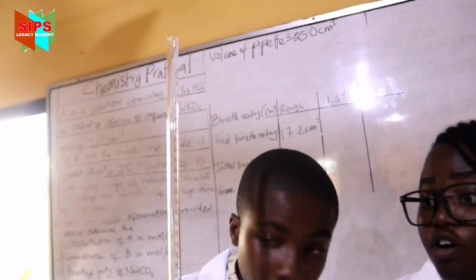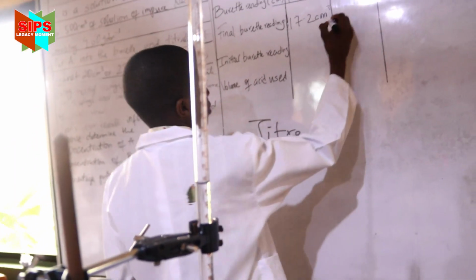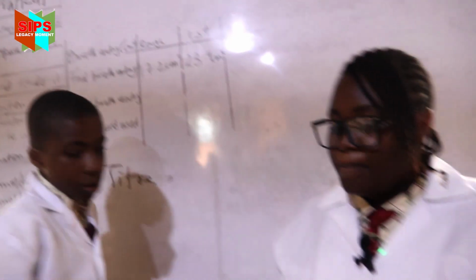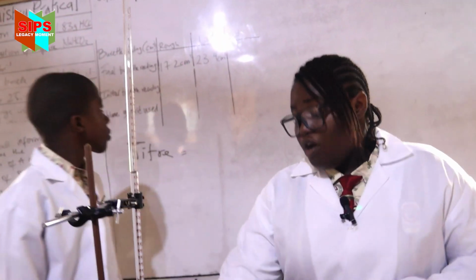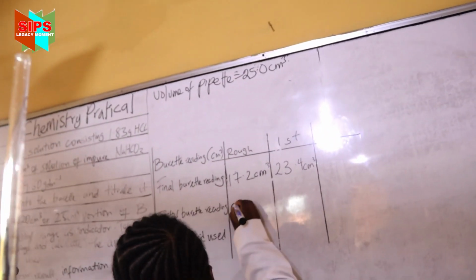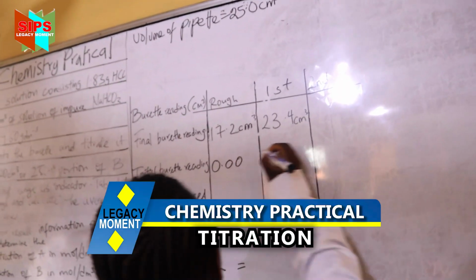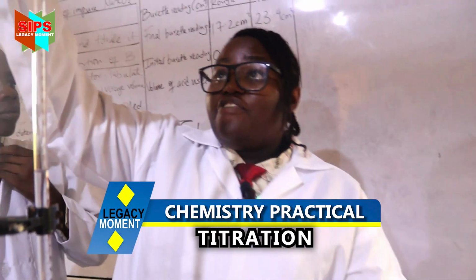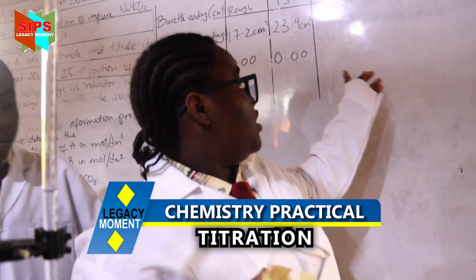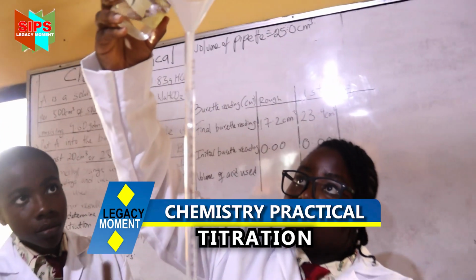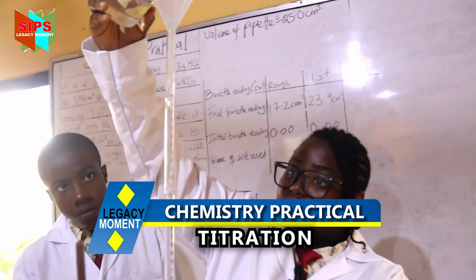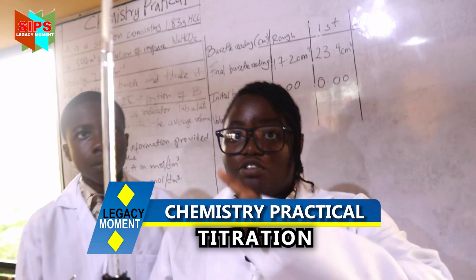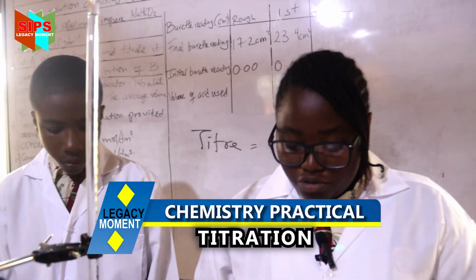It ended at the value of 23.4. The initial burette reading was at 0.0 and second at 0.00. Now we proceed by filling up the burette to find our second reading. When filling it up, the value must end at 0 to get an accurate reading.